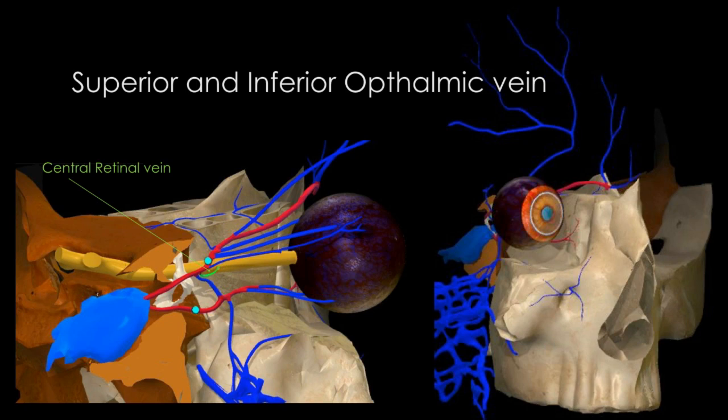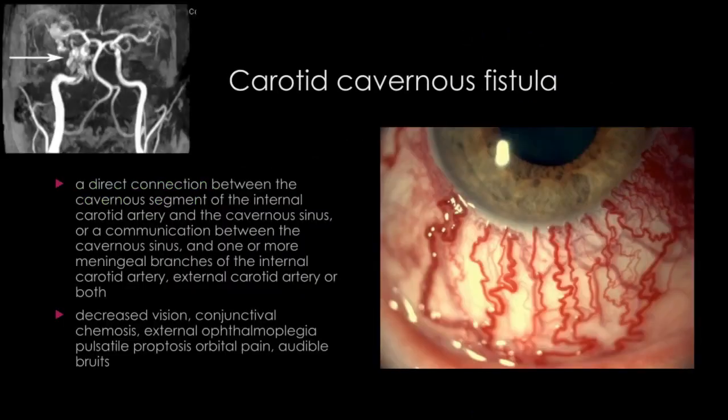So in this region is the internal carotid artery. There can be communication between the carotid artery and the cavernous sinus. The communication can be a direct connection between the cavernous segment of the internal carotid artery and the sinus, or it can be communication between the sinus and one of the branches of the internal carotid artery, or it can also be to the external carotid artery, or it can be to both.